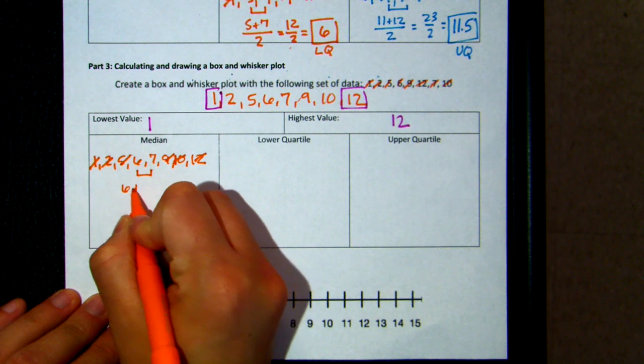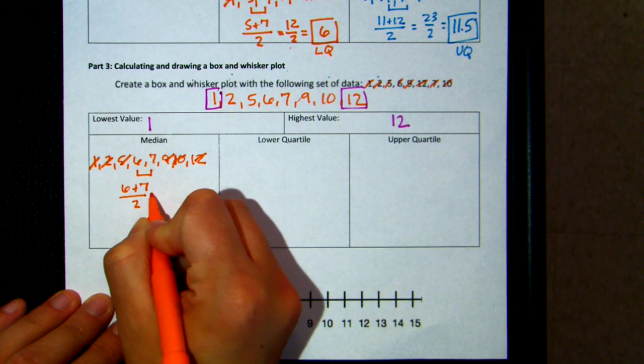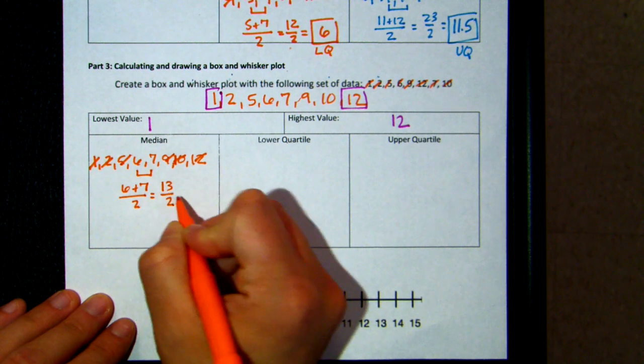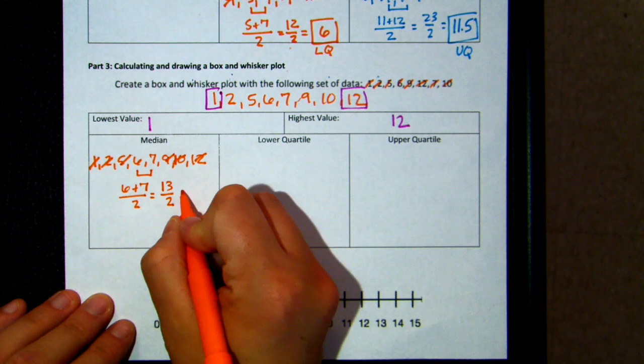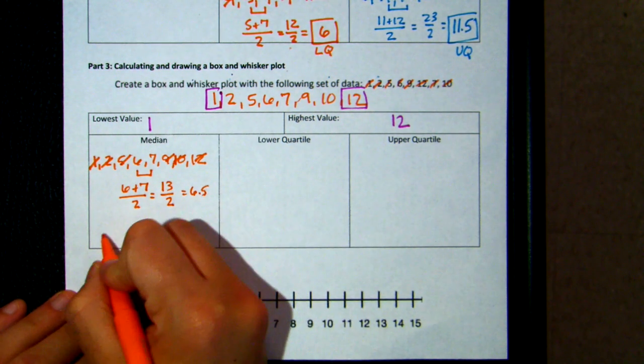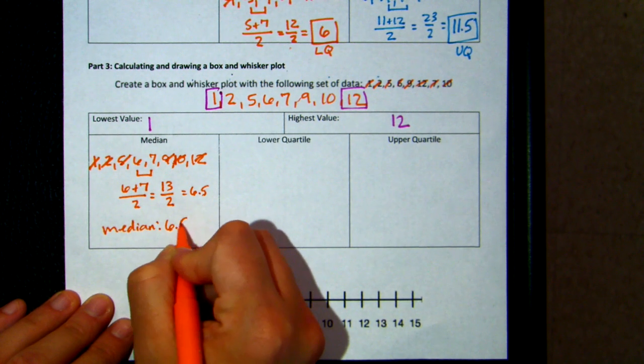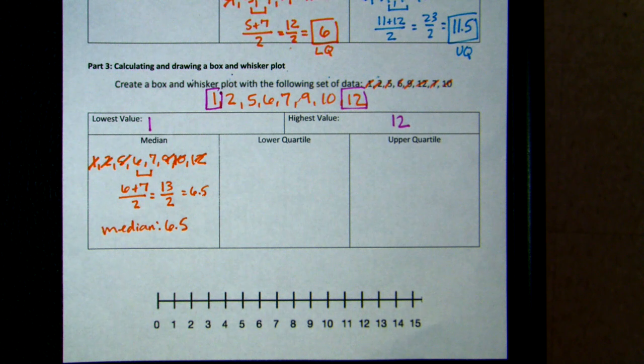So that gives me 6 plus 7 over 2, which is going to be 13 over 2. If I divide that out, I should get 6.5, which means my median is 6.5. Okay, so 6.5 is my median.